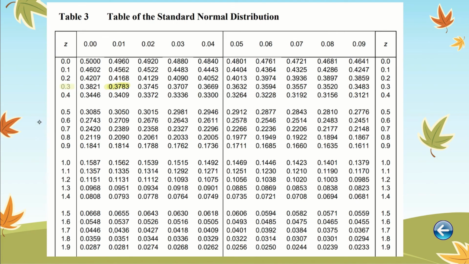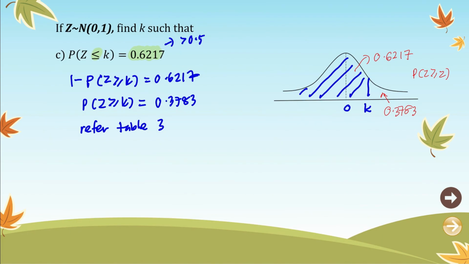So the z-score will be 0.31. So from the table we get Pz greater than equals to 0.31 is equals to 0.3783. Therefore, the value of K is equals to 0.31.